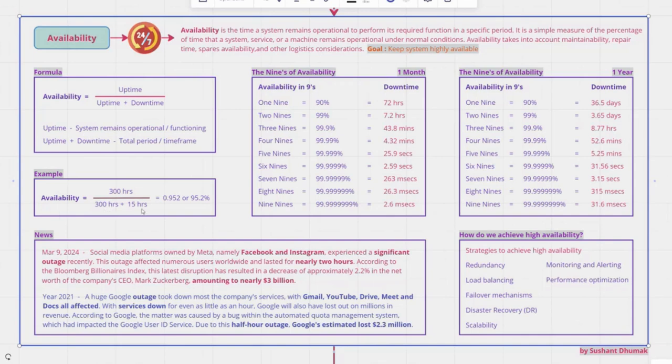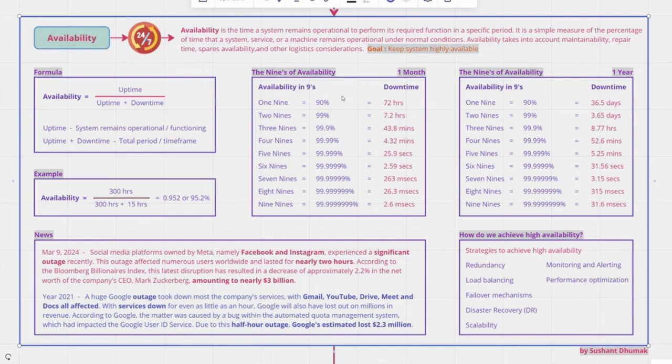Out of the total time, 300 plus 15, that means it is 0.952, or 95.2%, of the time the system was available. It is just a vague example, so that by numbers at least we can understand how exactly we calculate availability.